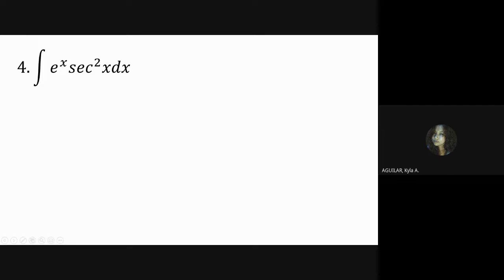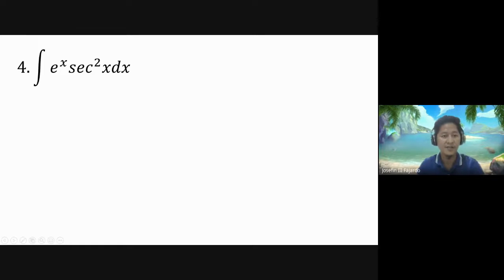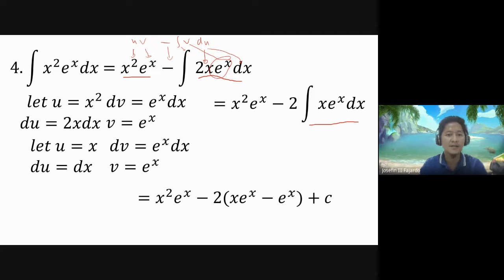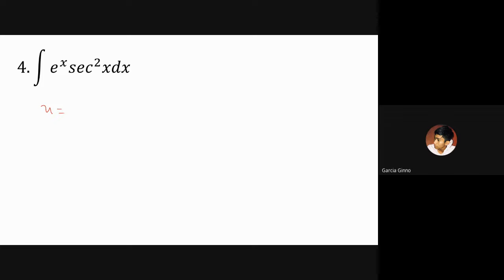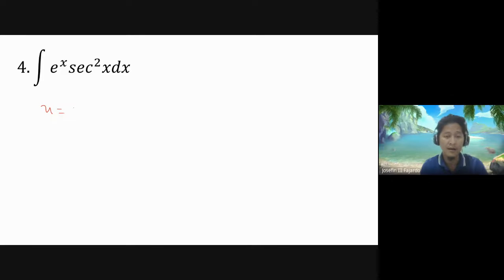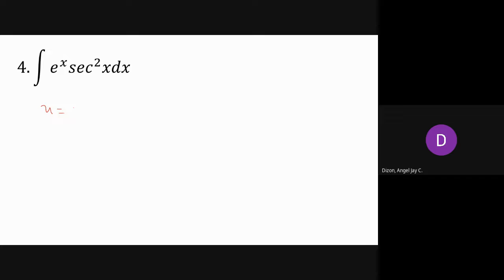Okay. Sige. So, paano natin gagawin to? So, trigo. So, ano magiging U natin dito? Ano magiging U natin dito? So, U natin dito will be secant squared x. Secant squared, di ba?